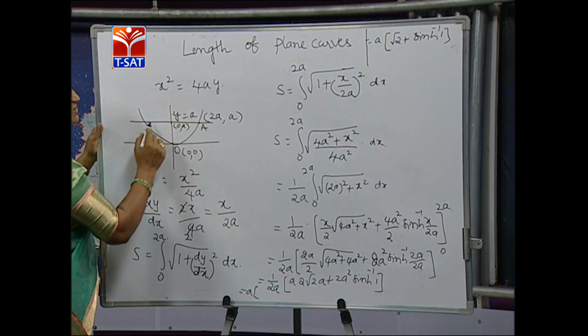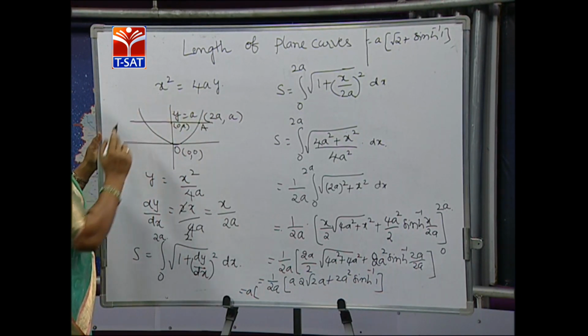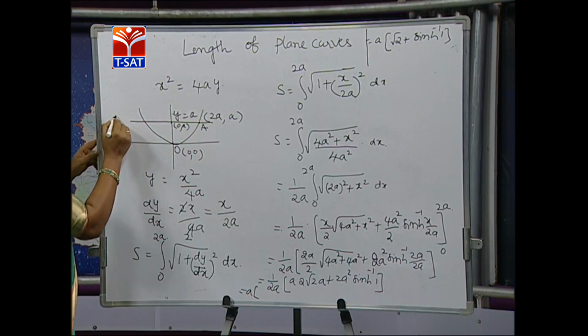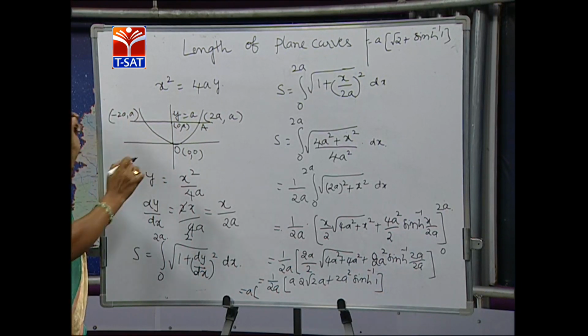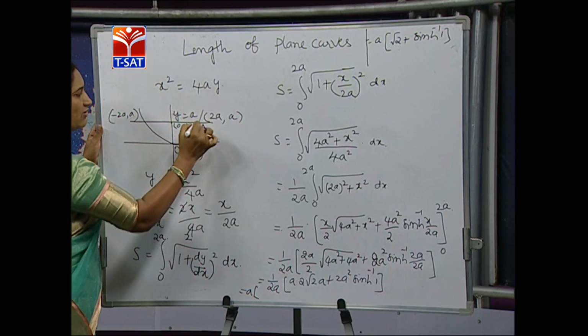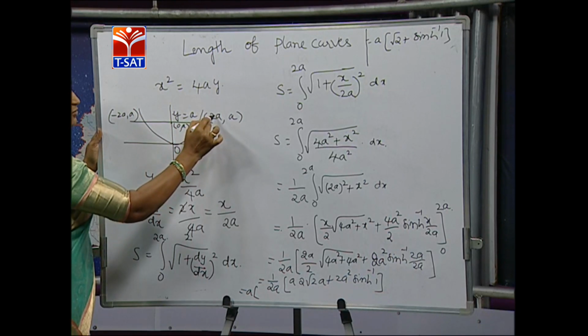So, y is equals to a is a latus rectum for this x square is equals to 4ay. When y is a, what is the x square value? X square is equals to 4a square, x values are plus or minus 2a. But in the given problem, asked only from one vertex to one end of the extremity, so this is the required length OA. So, here x is varying from 0 to 2a.